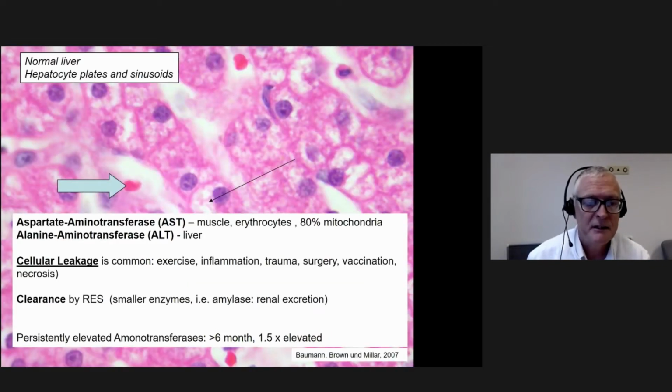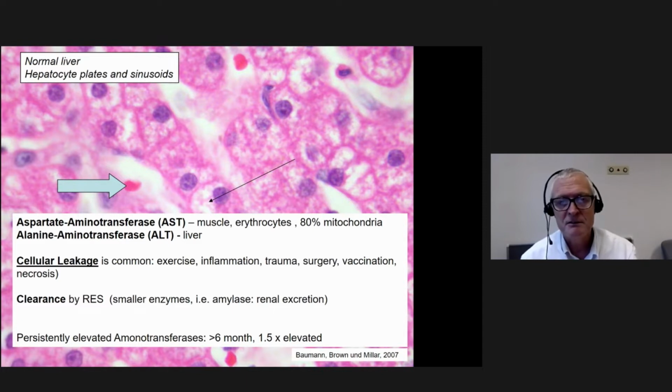Now, as a reminder, aspartate aminotransferase comes mainly from muscle, but also from erythrocytes. 80% in the liver come from mitochondria. Alanine aminotransferase is predominantly liver. Now that's important when you want to compare, does it come from muscle? Is this muscular dystrophy or is this hemolysis?